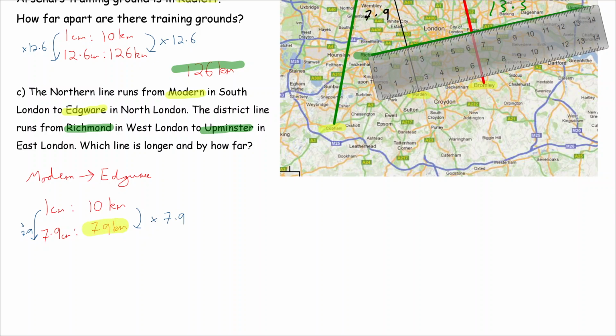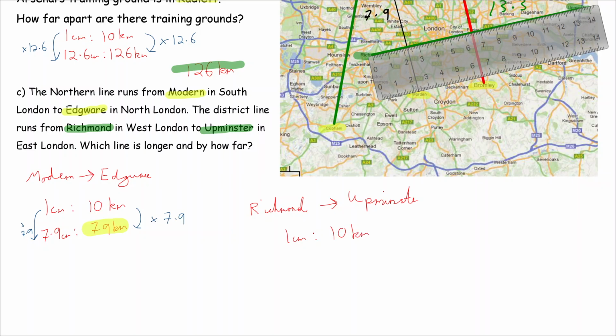But you've also got the other one, which is Richmond to Upminster. Again, the ratio is still 1 centimetre on the map is 10 kilometres in real life.